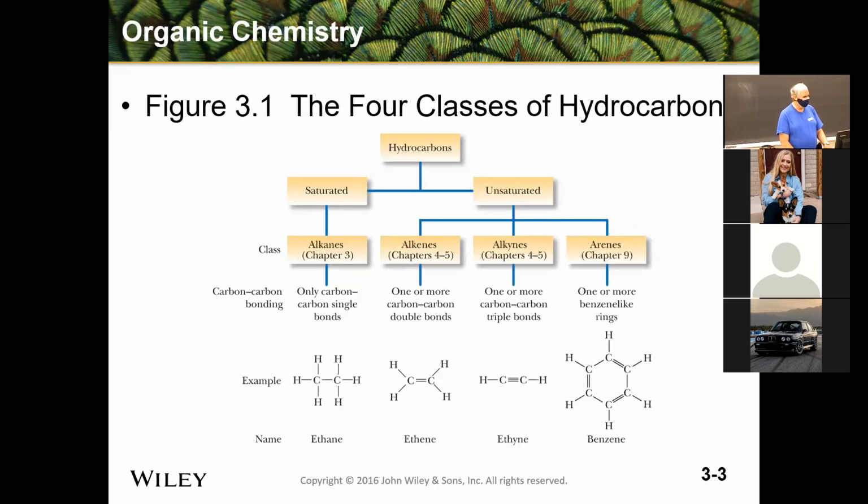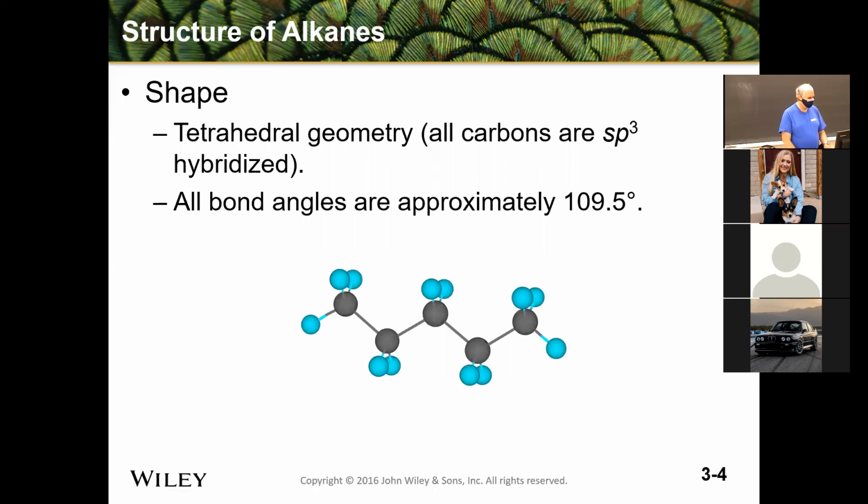Here are the 4 classes of hydrocarbons. This chapter specifically dealt with alkanes. Alkanes have only single bonds. The carbons have a tetrahedral geometry. Associate tetrahedral with sp3.